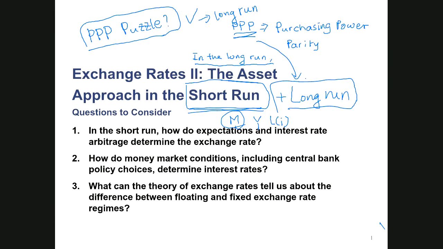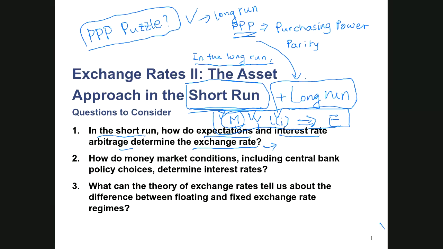So any of these macroeconomic variables will affect the exchange rate. But this is from the perspective of the long run. So we want to know in the short run how expectation and exchange rate arbitrage determine the exchange rate.